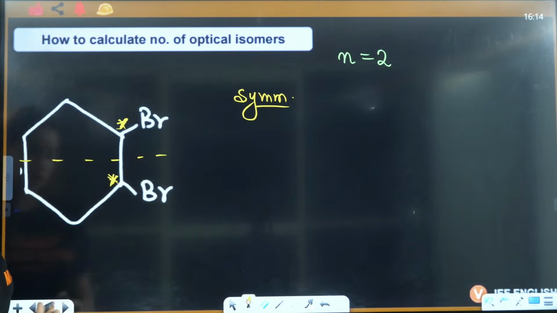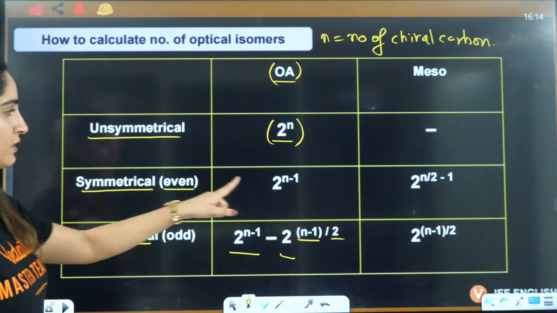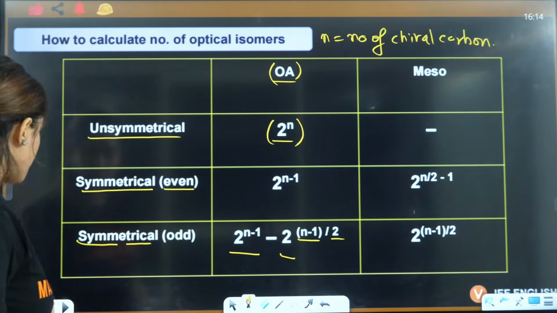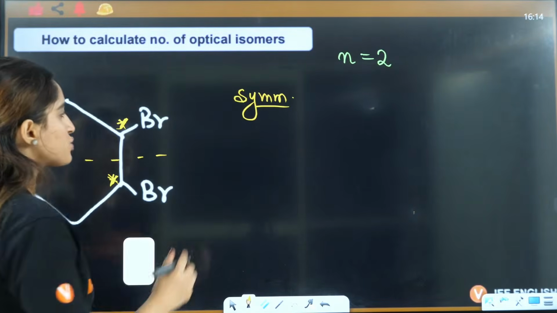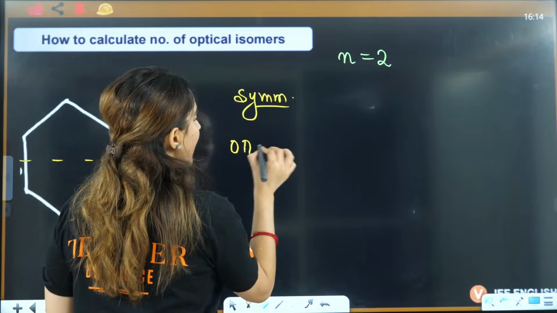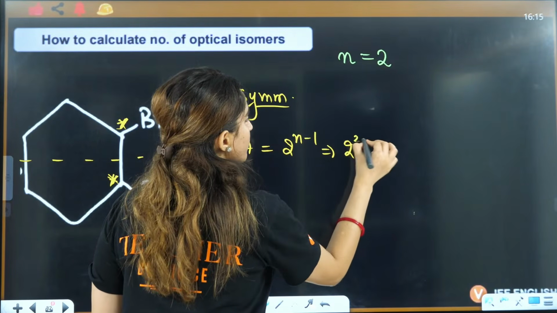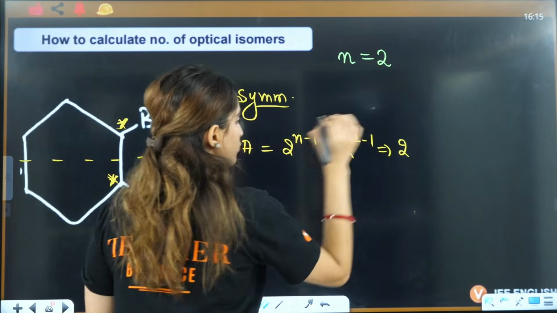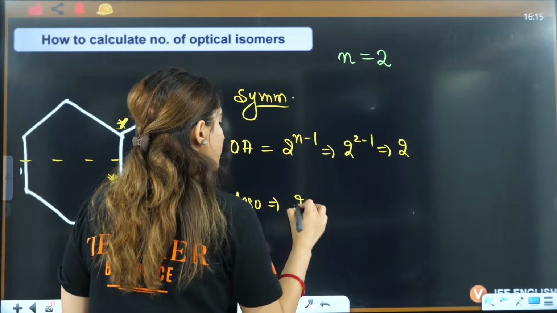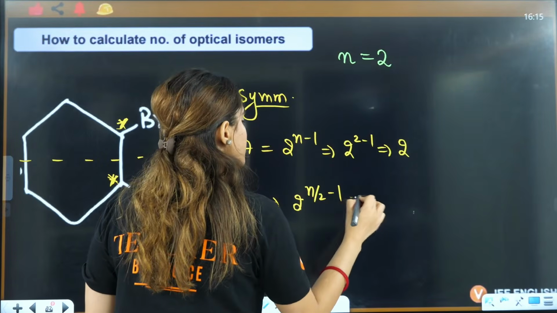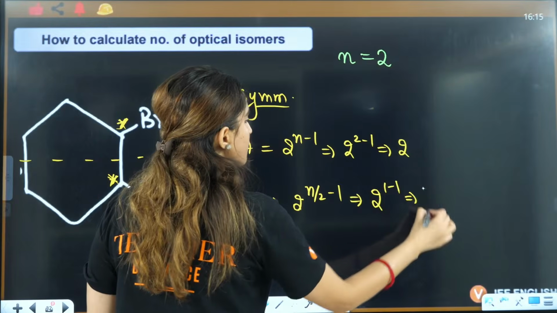In case of symmetrical, if n is even, optically active will be 2 raised to power n minus 1, that is 2 raised to power 2 minus 1, that is 2. And meso will be 2 raised to power n by 2 minus 1, that is 2 by 2 is 1, minus 1... that is 1.